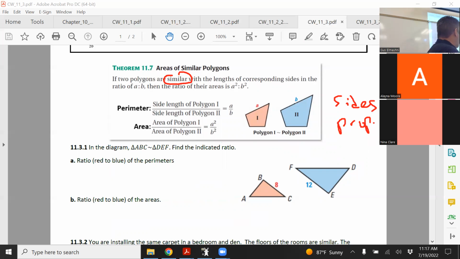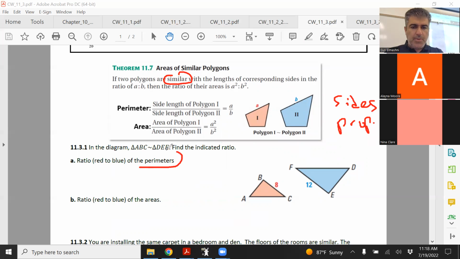Actually, before I talk about that, what we want is to focus on the two sides, A or B, when you try to compare the perimeters. If you're trying to compare the areas, you have to use A squared and B squared. Let me do a practice problem so you can see how it works. And then we'll take a break after, and we'll come back to these notes after the break.